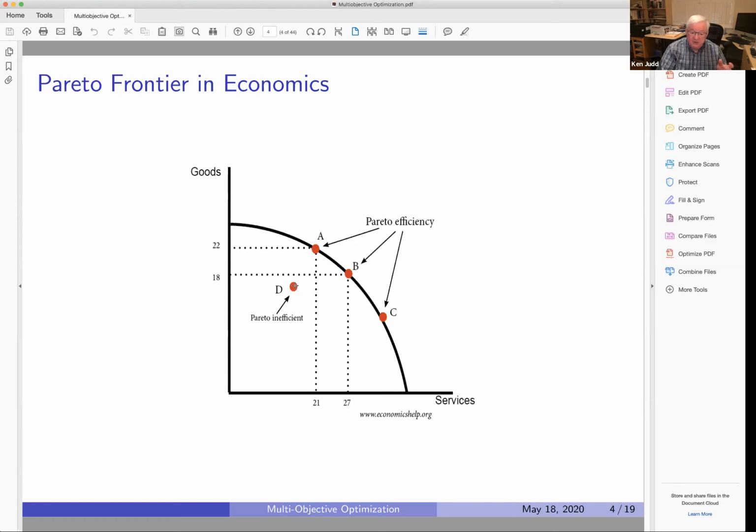Now, the point D is Pareto inefficient, because you can make everybody better off by choosing A instead of D. So it's an inefficient point, because both of your objectives, goods and services, will be higher at A than D. And that's the key thing here, that you have a point in two-dimensional space, and Pareto inefficient points are those that are dominated on all dimensions.